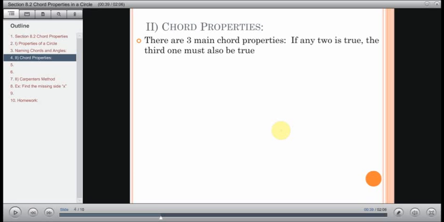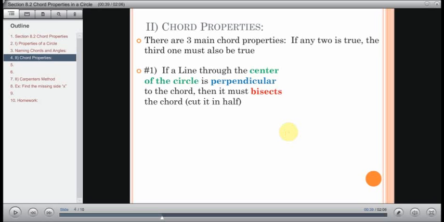There are three main rules with chords, and if any two are true, then the third one must also be true. Here's the first rule. If a line through the center of the circle is perpendicular to the chord, then it must bisect the chord, which means cut it exactly in half. Here's what I mean.